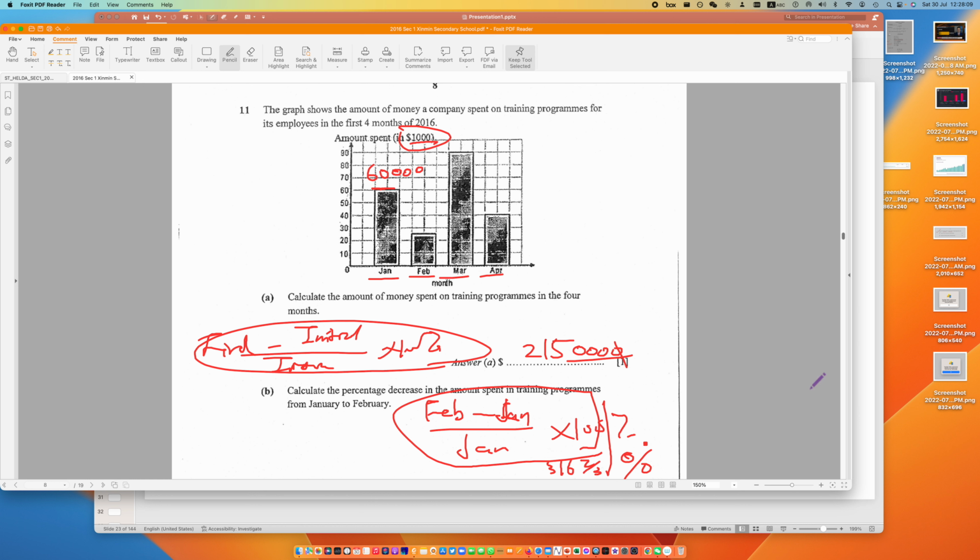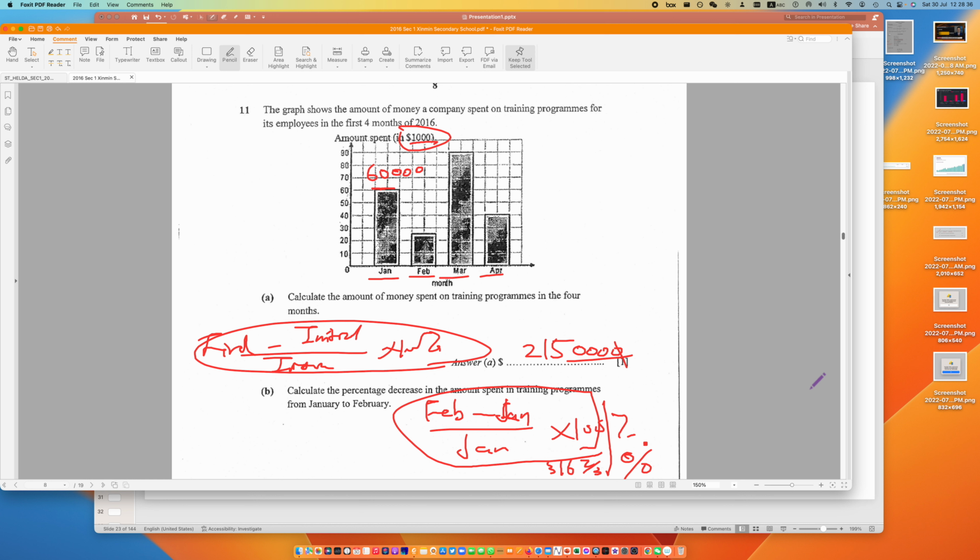Okay? The percentage you don't need to key in. You key in whatever is in front. Because if you key in the percentage, then that means you don't have to write the percentage. But because you need to write the percentage, basically you don't key in the percentage. You key in what is in front.